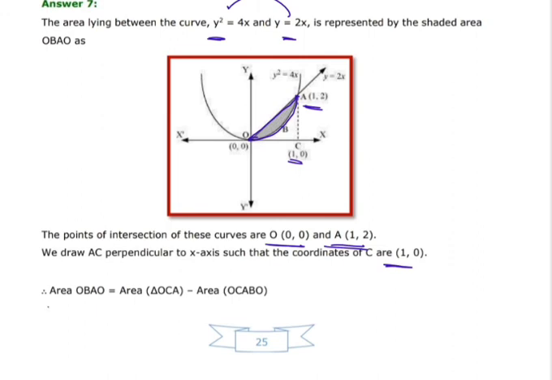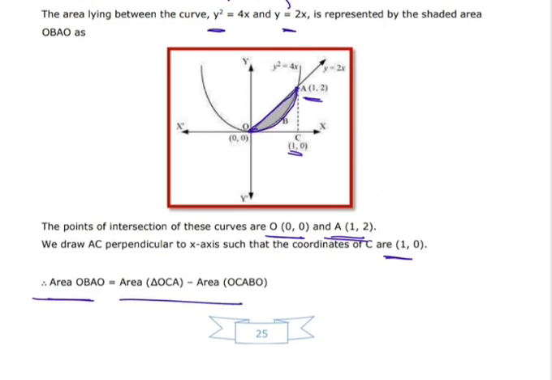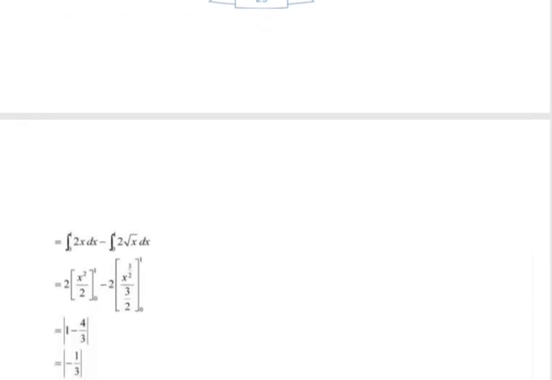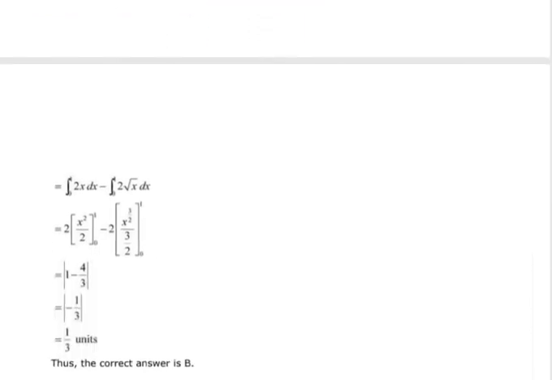So the area OBAO equals the area of triangle OCA minus the area OCABO. Now take the values here: integration 0 to 1 of 2x dx minus 0 to 1 of 2 root x dx.